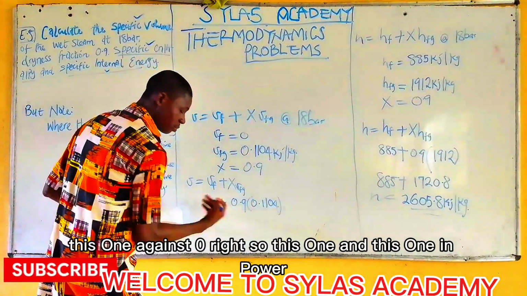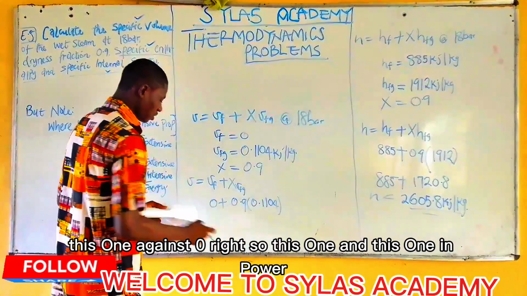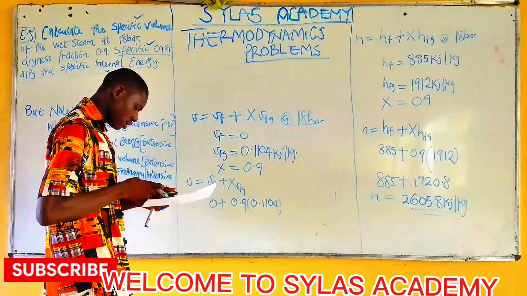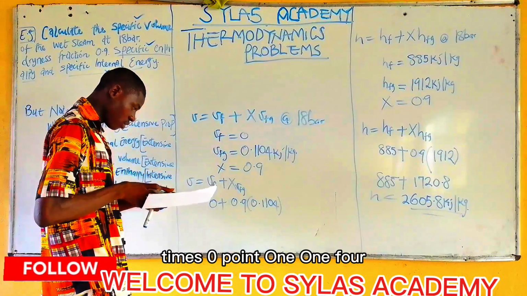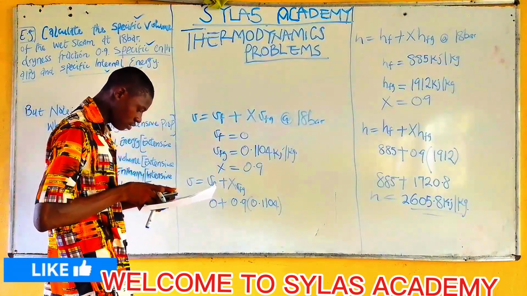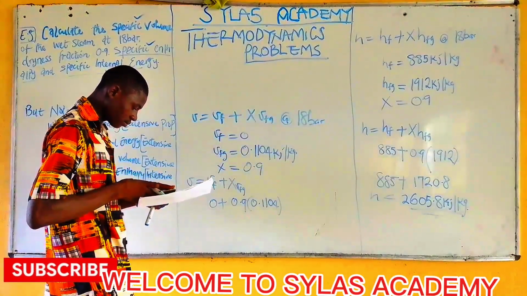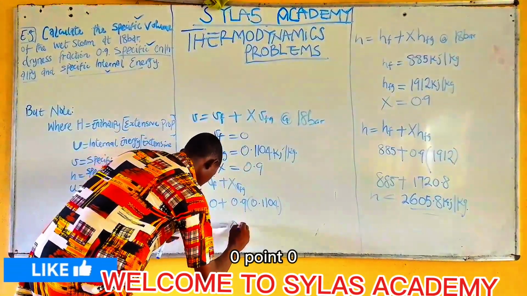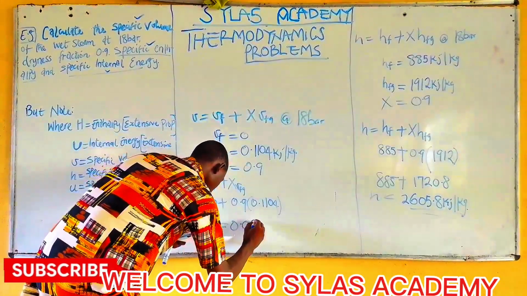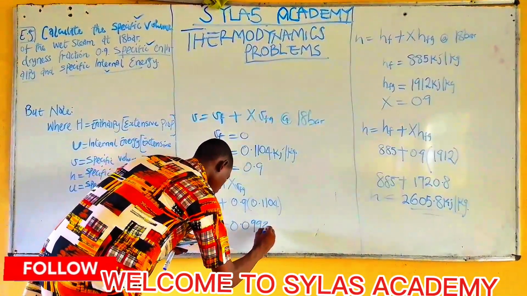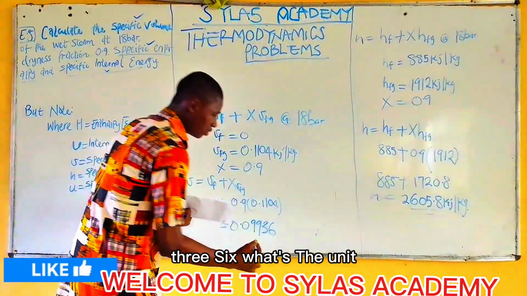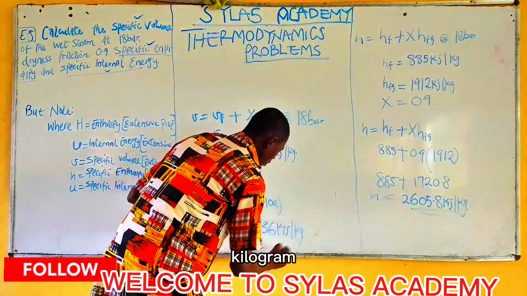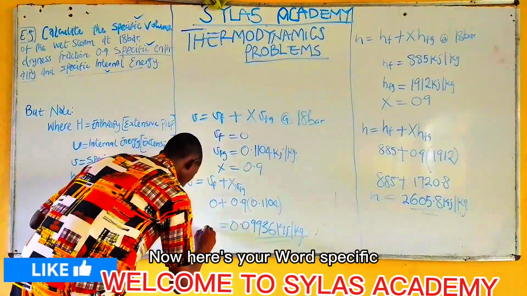Now, this one means 0, so this one times this one, you have 0.9 times 0.1104. You have 0.099336. What's the unit? Kilogram.